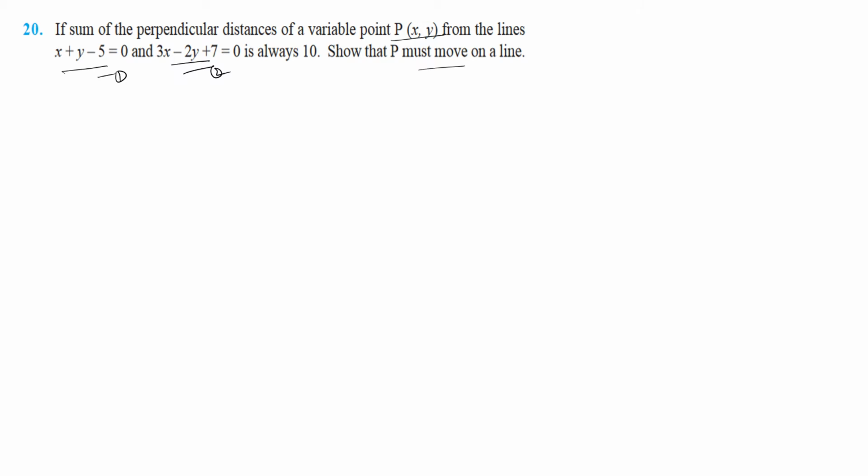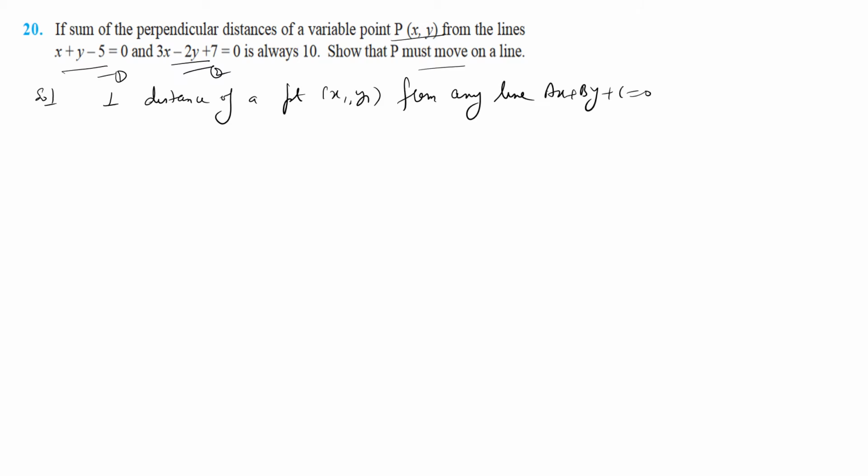So sum of perpendicular distances, you know the formula for perpendicular distance of a point, say x1 y1, from any line of the form ax plus by plus c equal to 0 is given by d is equal to ax1 plus by1 plus c upon under root a square plus b square.